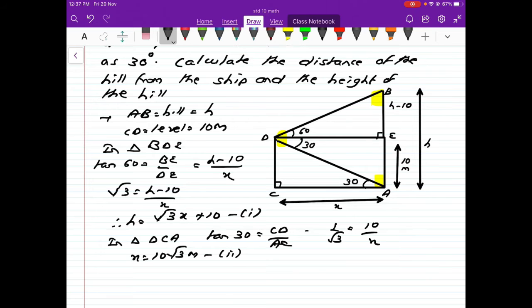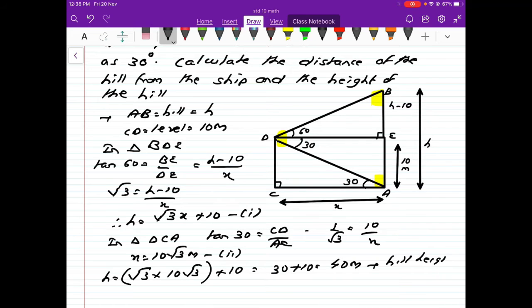So from 1 and 2, what is the value of H? H is equal to root 3 into 10 root 3 plus 10. So root 3 into 10 root 3 is 30, and 30 plus 10 is equal to 40 meters. So this is the height of the hill. And what is the distance?